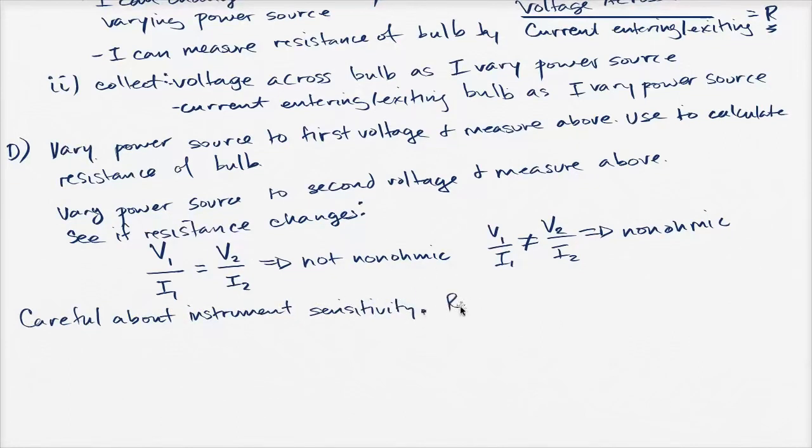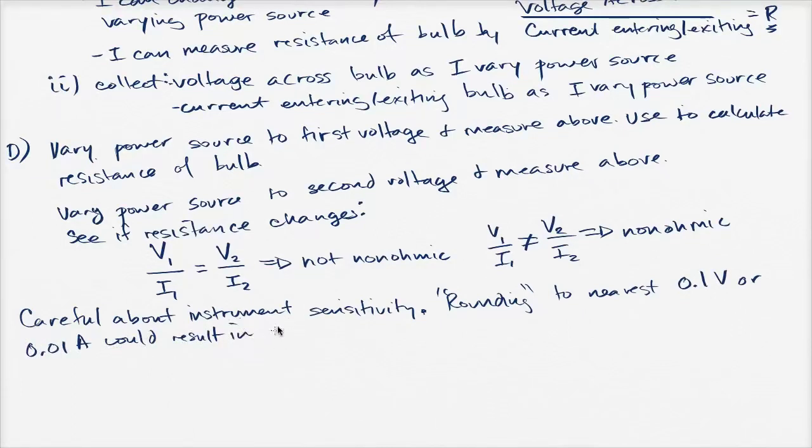The rounding to the nearest 0.1 volt or 0.01 amp could result in a difference in V over I when there isn't any, or vice versa.